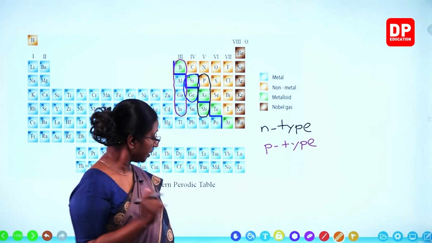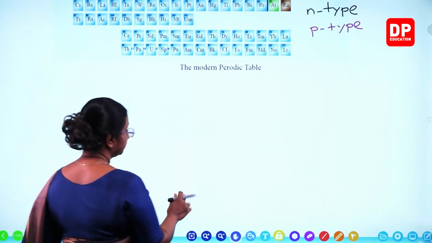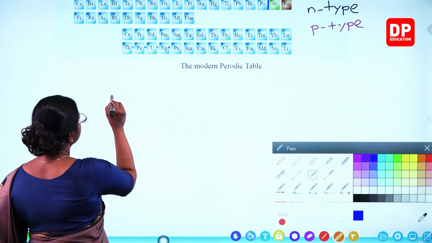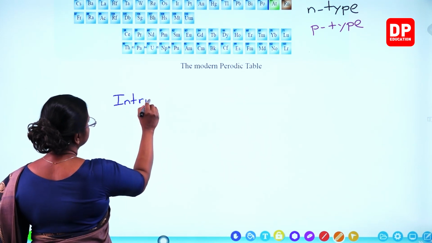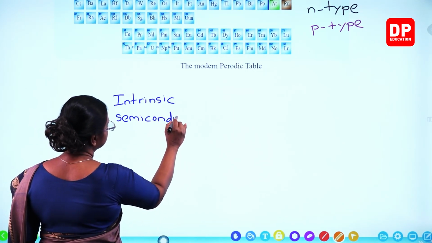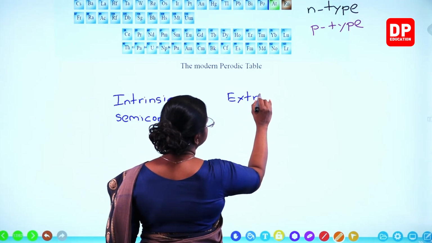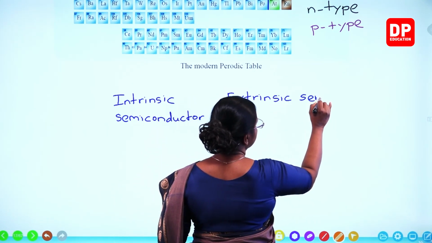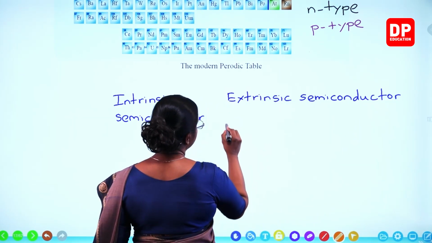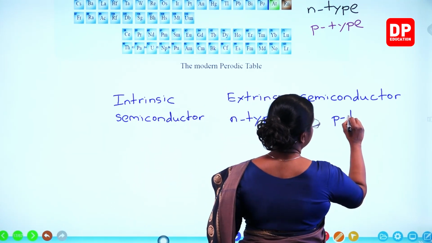Is that clear? So if we do that here, here you have the intrinsic semiconductor, then we have the extrinsic semiconductor, under that we have the N-type and we have the P-type.